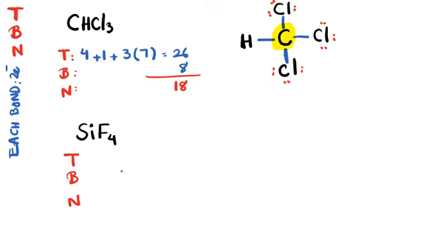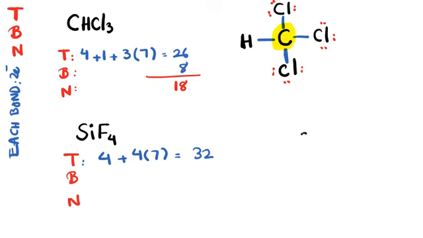I'm sure you will pause the video and double check your answer. For total valence electrons, Si is group number 4 and fluorine is group number 7, but we have 4 fluorine atoms. So I multiply 7 times 4, 28, plus 4, 32. Each fluorine has 7 valence electrons.